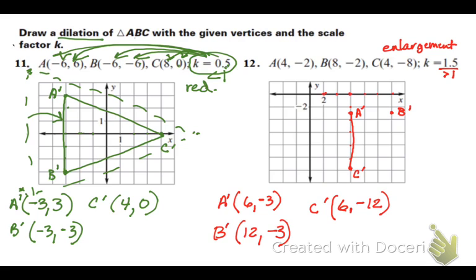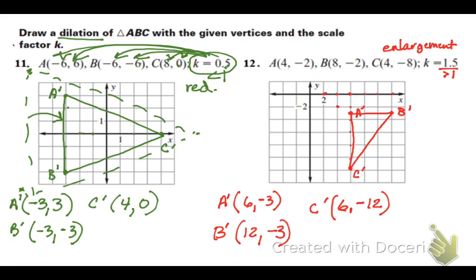So now we connect. Sorry about my squiggle line. C to B, A to B. So let's see if this is an enlargement. I think we can do it here. A was 4, negative 2.